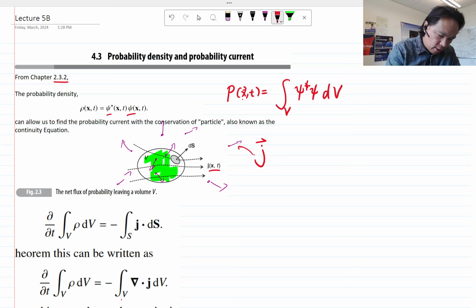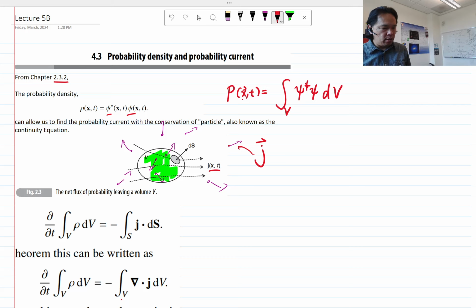This signifies how these particles are flowing around in your system, or in the case of quantum mechanics, what is the probability of that one particle flowing around in some direction.